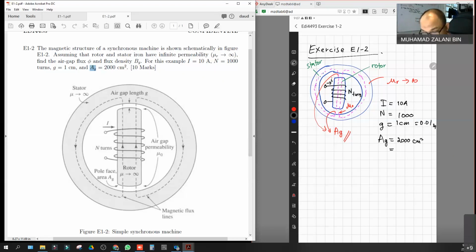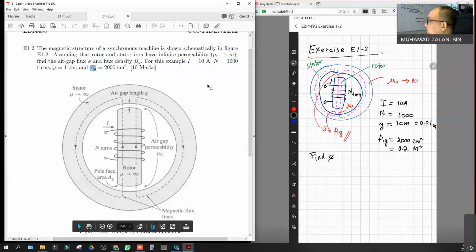Convert to meter square, you get 0.2 meter square. So we want to find phi, which is in the question. Find the air gap flux and flux density Bg. So we are going to find flux, phi, first.